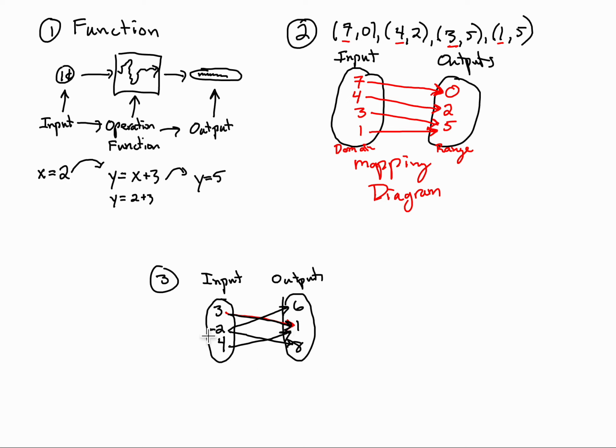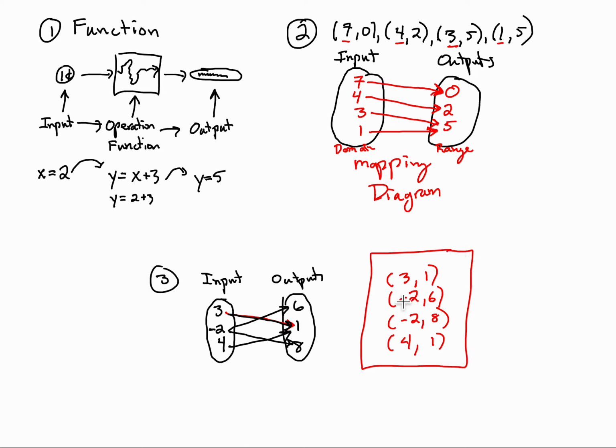So there's a lot of crisscrossing, but we can think about these as coordinate pairs also. We're kind of working the other way. So 3 maps to 1 for the coordinate pair. -2 first maps to 6, but then also maps to 8. And then lastly, 4 maps to 1. Now, we can write these in both ways. We could even take this and graph it.